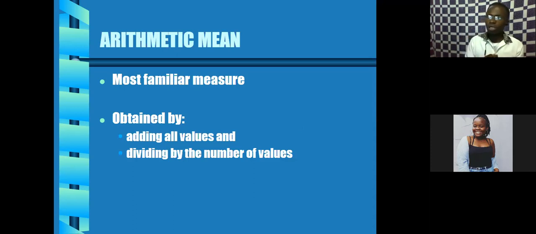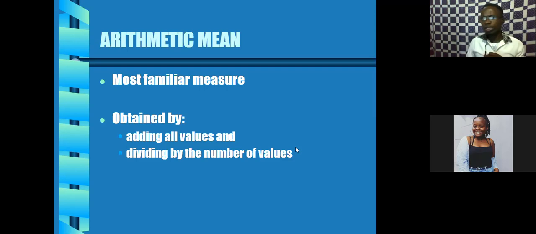You add all the data in your data set. After adding them, you divide by the number of those values that you have. So let's say you have students in a class. Let's say we're talking about three students, to make it simple.